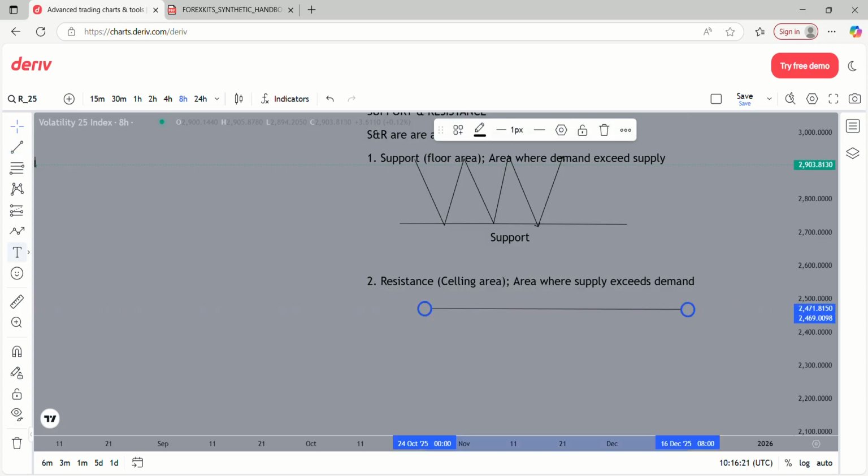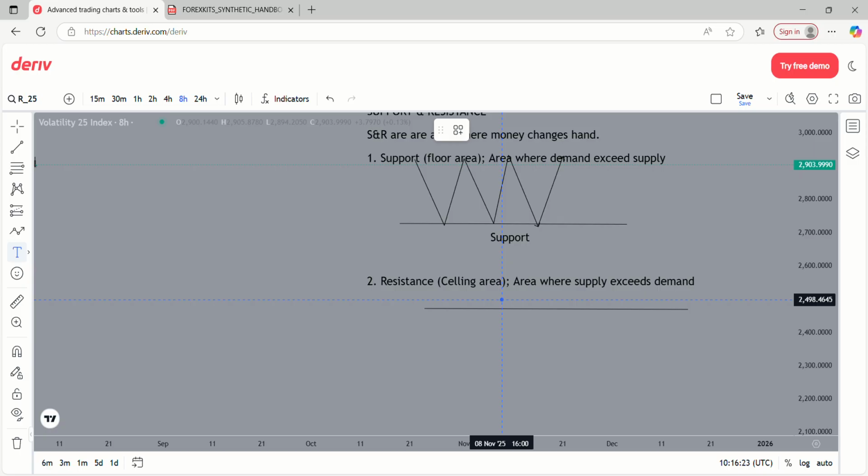So I'll name it resistance. To resist something means that that thing is unable to go beyond a point.